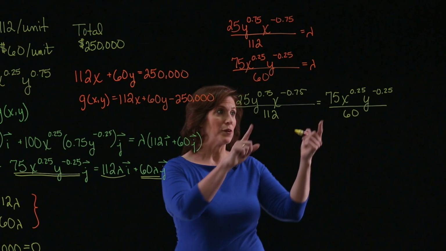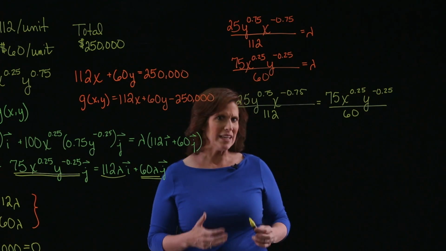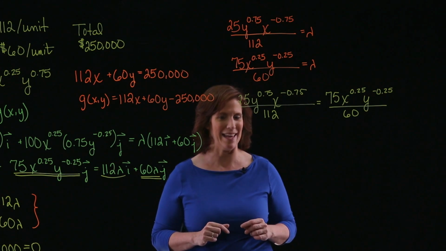Okay, now what I'm going to do is take this equation and try to express y in terms of x. I'm going to need to do some number crunching for that, so I'm going to pull out my calculator because I don't think I can do this in my head.